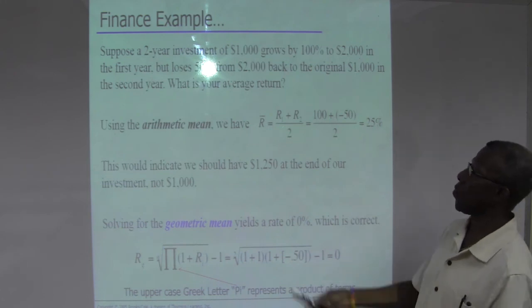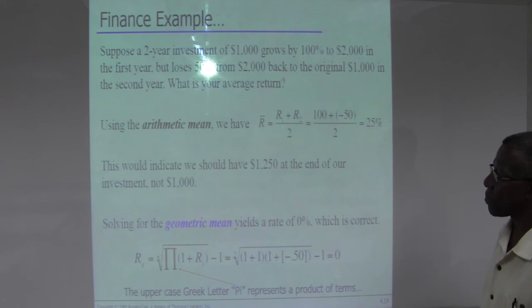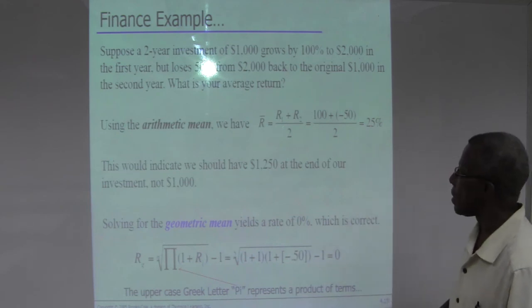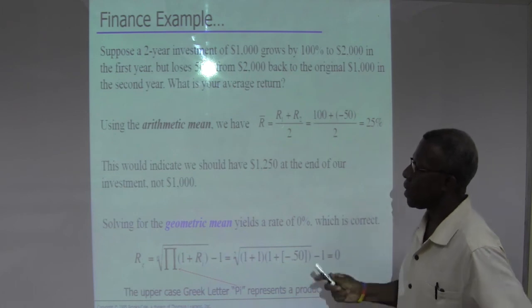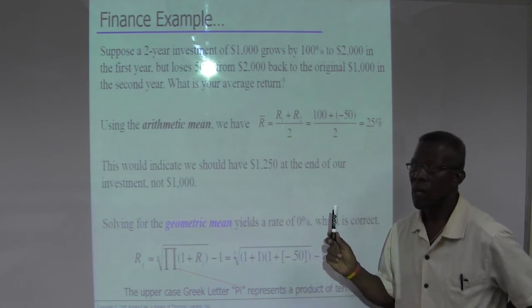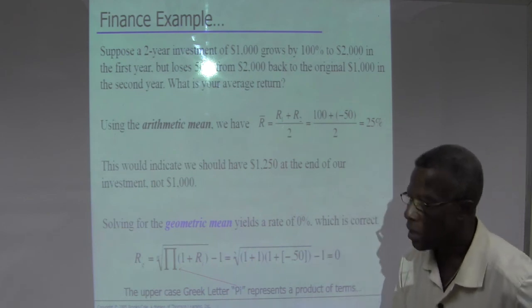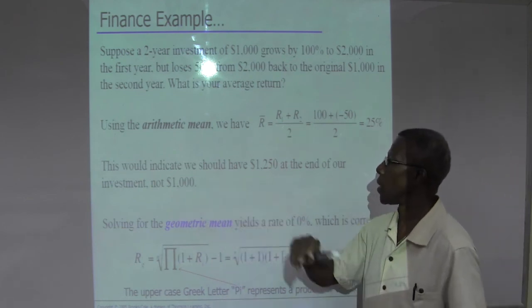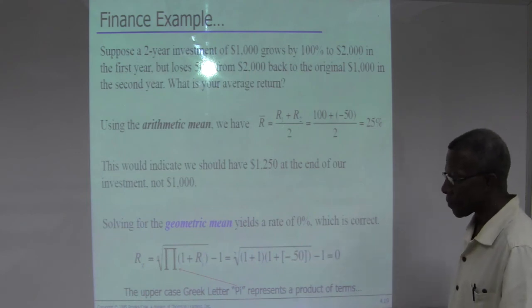So to find the mean, you add these two terms and divide by 2. And that gives you 25%. It says that this is the mean rate of return. This would indicate that we should have 1,250 at the end of our investment and not 1,000. So this is not showing the picture correctly.